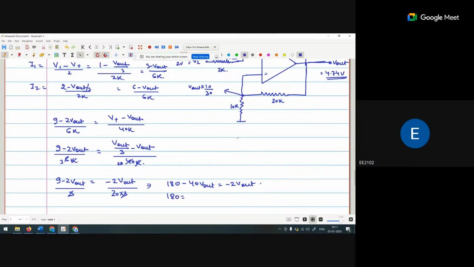So 180 is equal to 38 V out, and V out is equal to 180 upon 38. So it is around 4.74 volt.